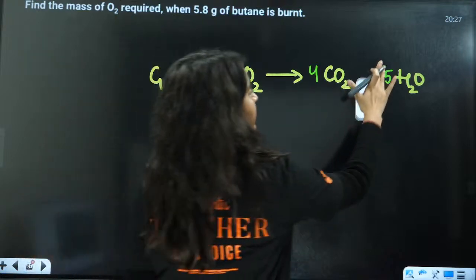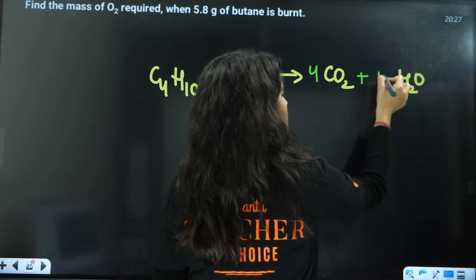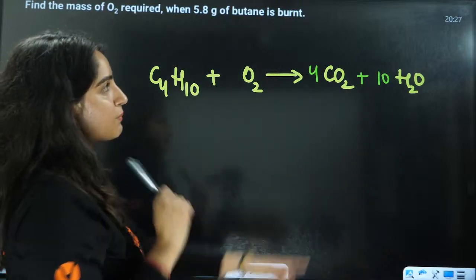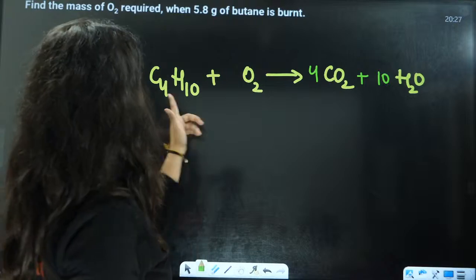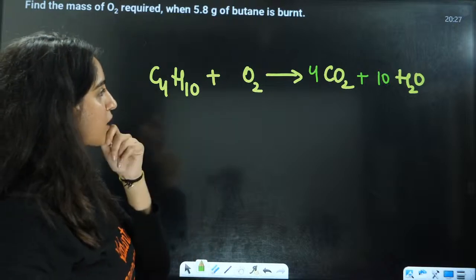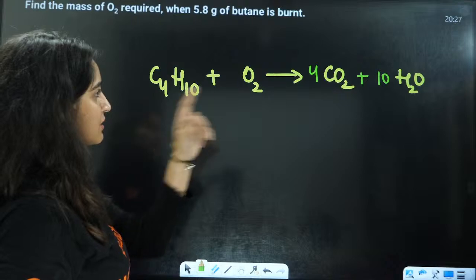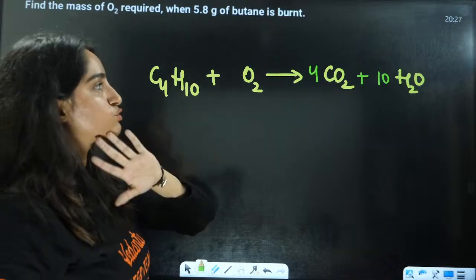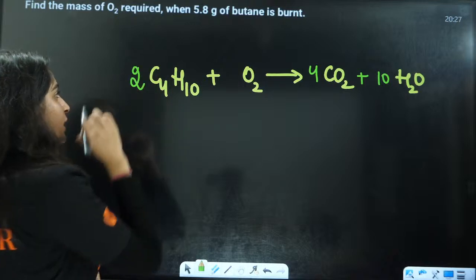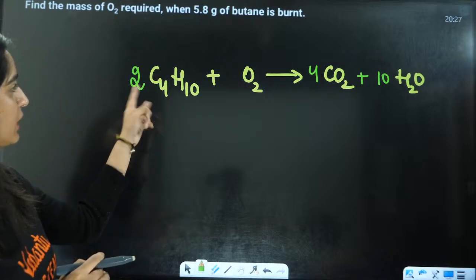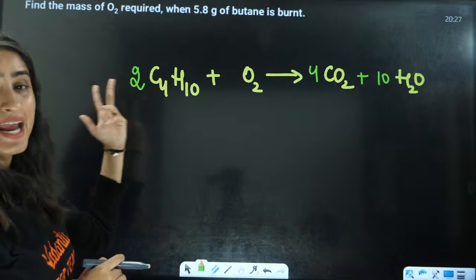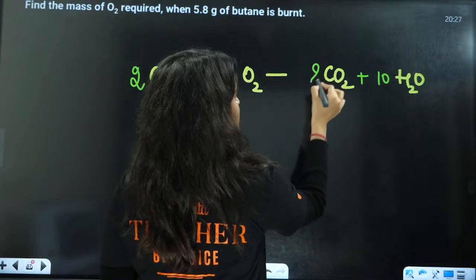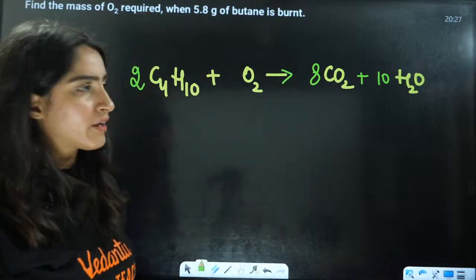So what we can do here, let us multiply this by 10. If I am multiplying this by 10, I will have 4 carbons, and this is 10, so I will have 20 hydrogens here. So I should multiply this by 2 also. If I multiply this by 2, this is going to have 8 carbons here, and this is going to have 4 carbons here, so let us multiply this by 8 also. Simply hit and trial, right?